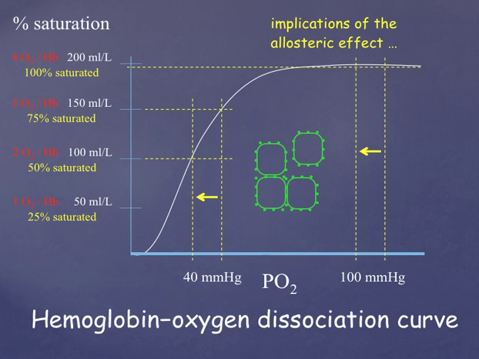So when it has 4 oxygens, it holds on really tight, really hard, and you have to drop the partial pressure an awful lot for it to release the first of the oxygens. And this is a very good thing because it means that under most normal or near normal conditions, hemoglobin is going to be 100% saturated when it leaves the lung. So that's the allosteric effect.